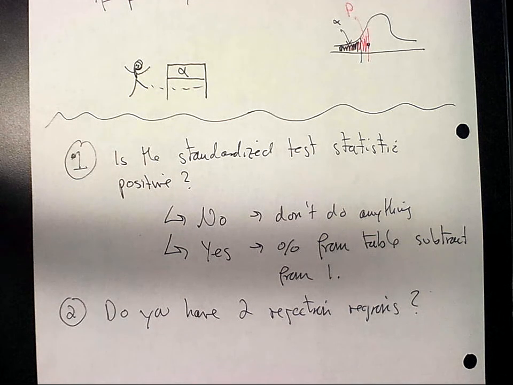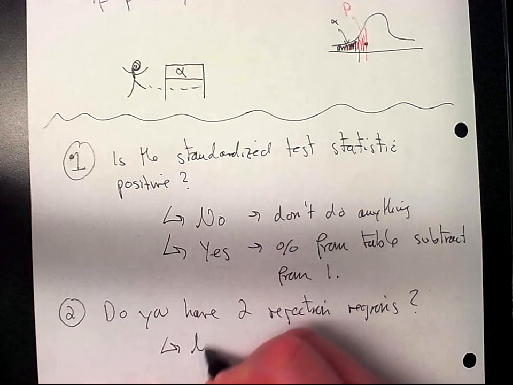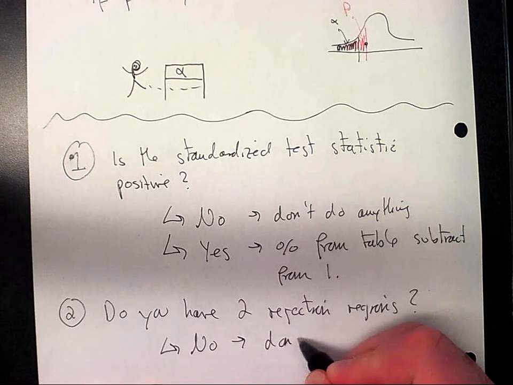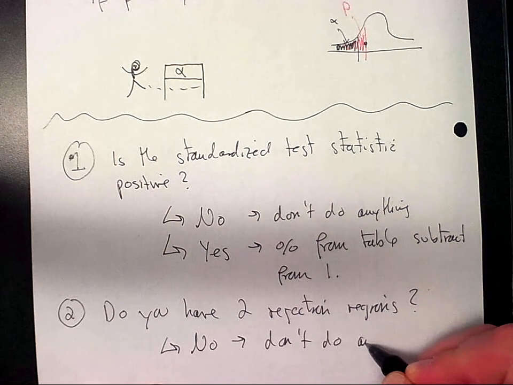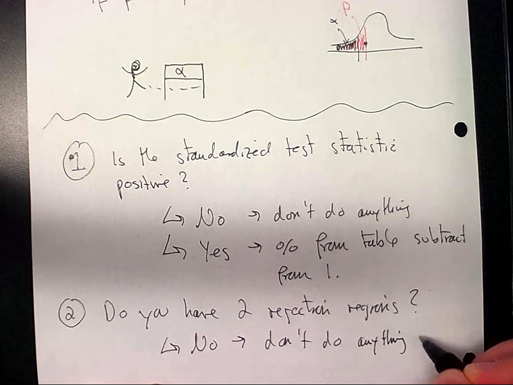In the example that we just got done doing, do we have 2 rejection regions? No. Again, if you answer no, you don't do anything.